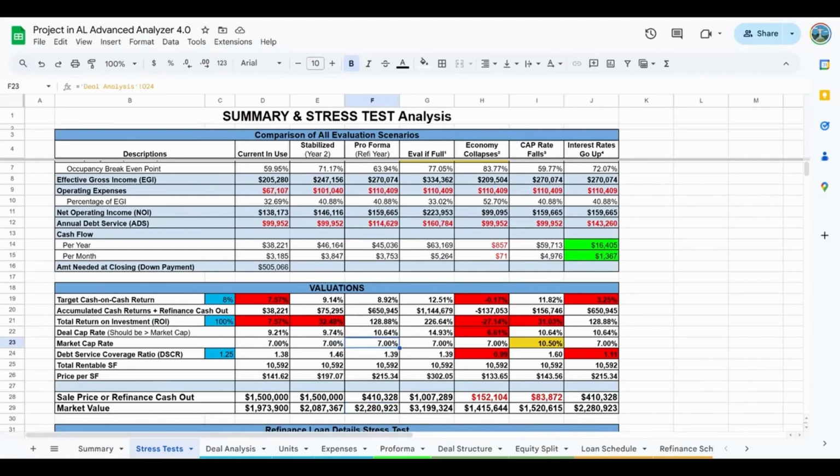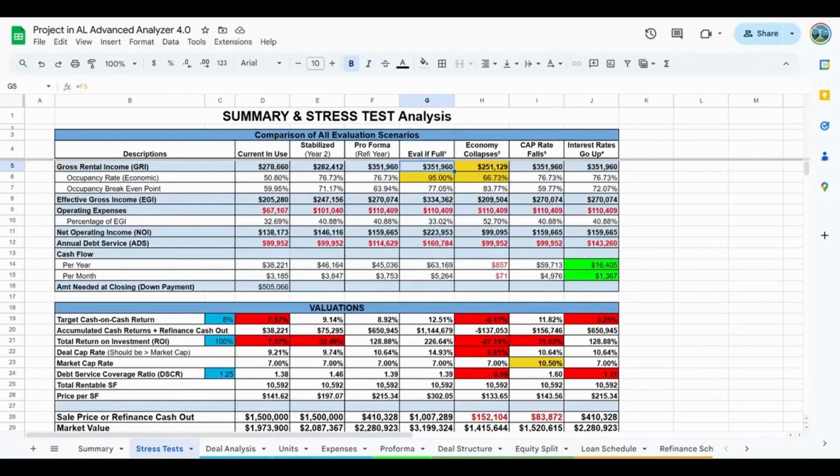So let's see how this project performs under each economic scenario. When we refinance, the market value of the facility is $2.28 million.